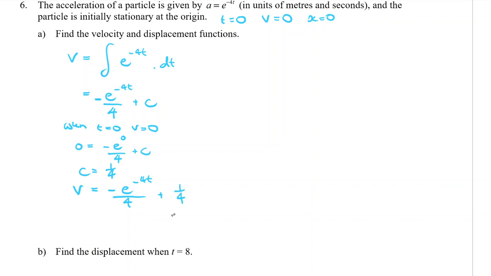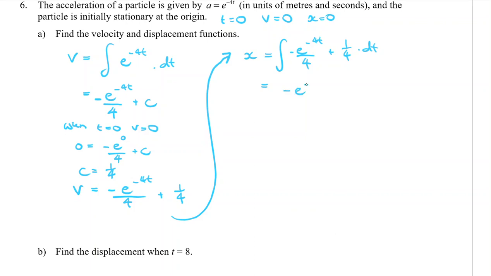Okay, we still need to find the displacement equation, so integrate a second time. Negative e to the negative 4t over 4 plus a quarter, dt.